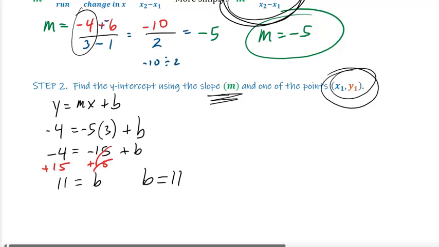You can use x1, y1, or you can use x2, y2. It doesn't make any difference, as long as they're a matching pair, we are good to go. So that's writing the slope-intercept formula when you're only given 2 points on a line. It's almost magic. Nope, it's just math.